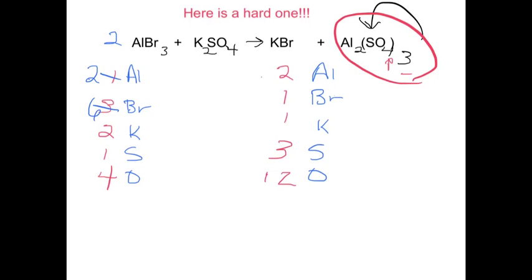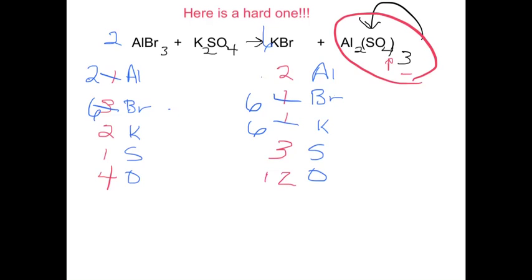Let's move down here. Now that I have 6 bromines here, I have 1 here. So I can fix the right-hand side by adding a 6 in front of this. When I do that, I now have 6 bromines, but I have also increased the number of potassiums to 6.